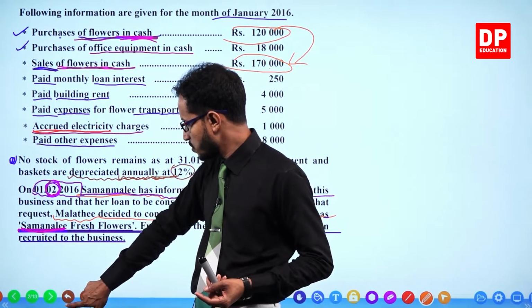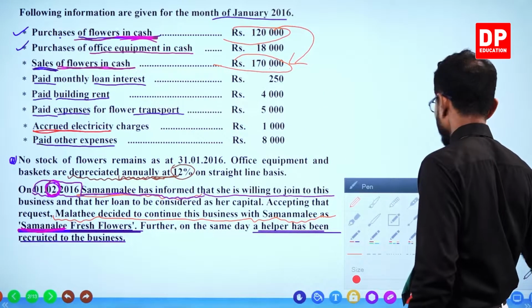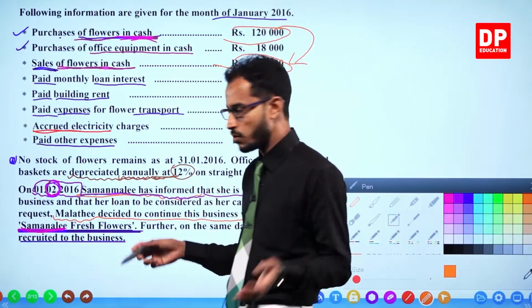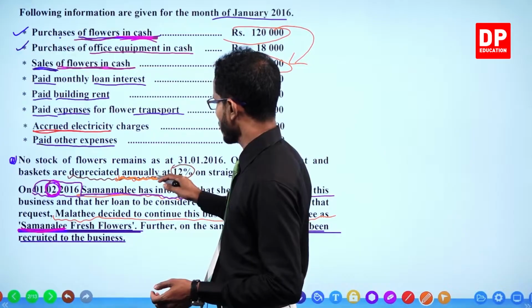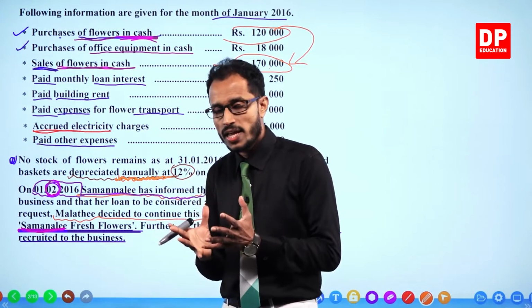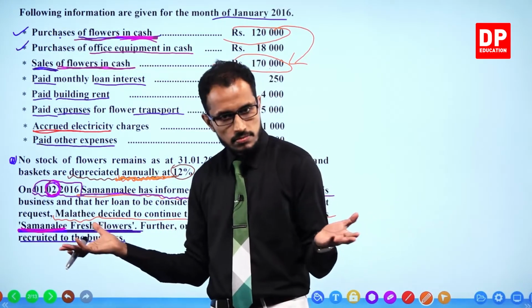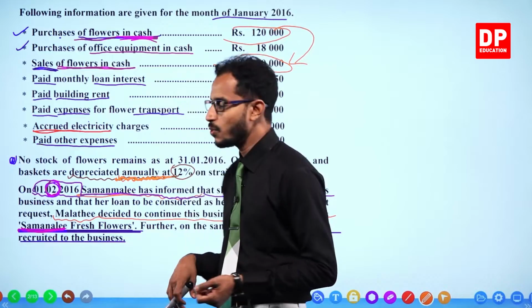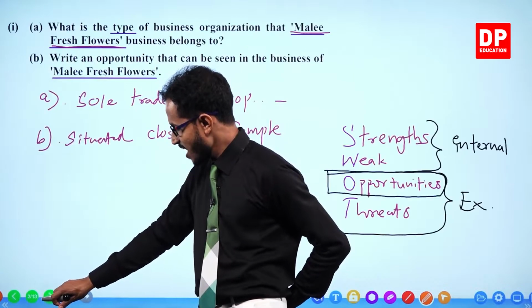Most of the students go wrong here. They calculate the annual depreciation, but the question is asking for the month of January. That is how you go wrong.